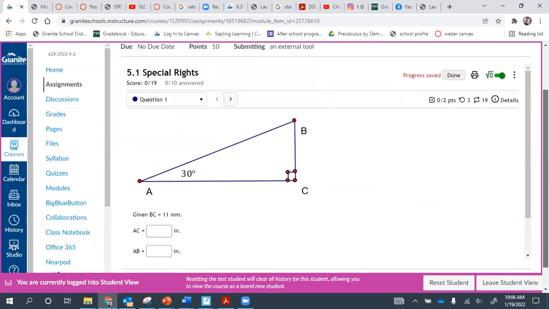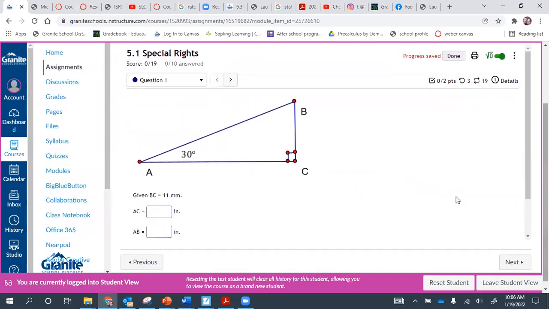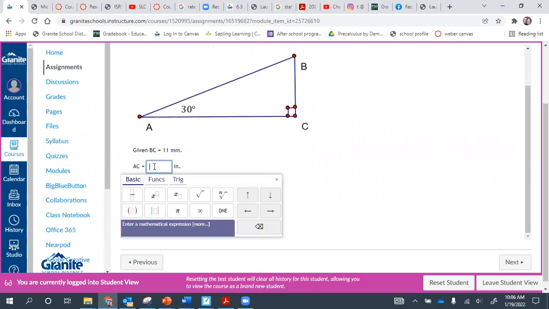Here's question 1. Here is a 30, 60, 90 triangle. Now it says given BC is 11. So what that means is this side here, BC, is 11. That is my short leg. How do I know what AC is? AC is going to be the long leg. Well, what we're going to do is multiply 11 by the square root of 3.